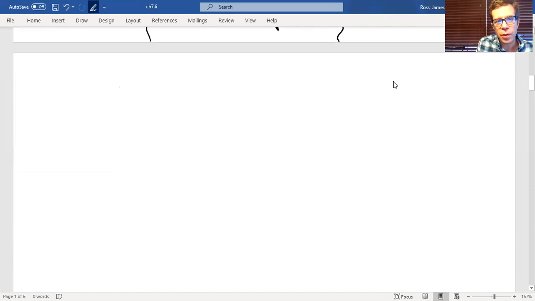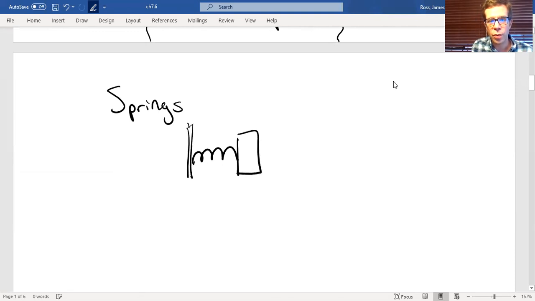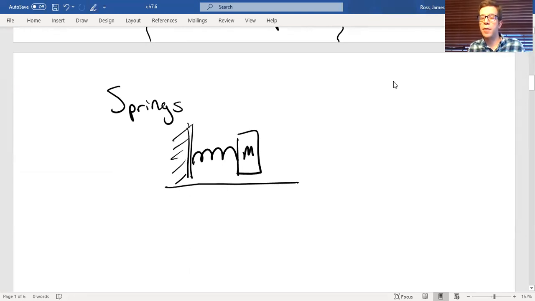So the other thing I said we were going to talk about was springs. So we're going to calculate the work done on a spring, just like we calculated the work done by gravity. So if I have a spring that's compressed or stretched, right? And we release some block, then if the spring pushes the block to make it move, then that's some type of energy transfer.